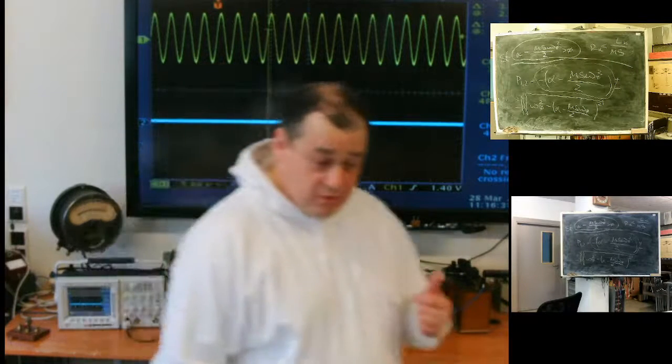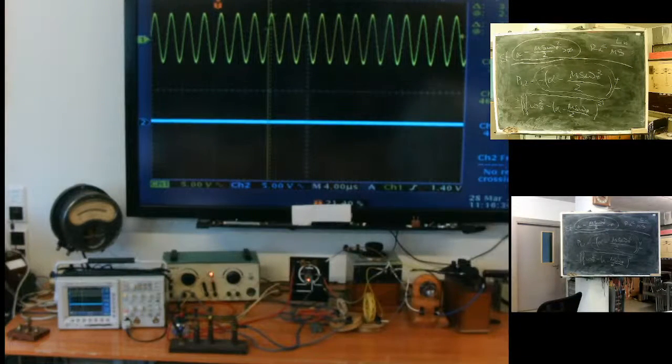What can we conclude? If we have a negative coupling, the system is more stable. A system with negative feedback is more stable compared to a system with no feedback.